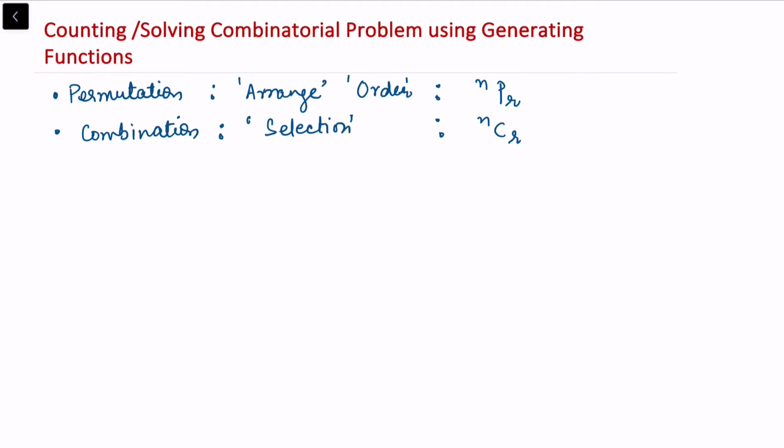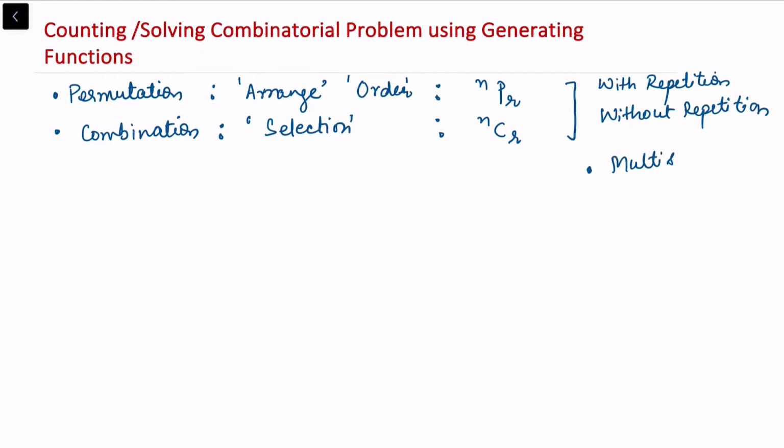Here we have discussed further with repetition and without repetition. All these things I've already discussed in my previous videos, with the link added in the description. In fact, we also used the concept of multisets. When the objects are repeating, we can use a notation such as r1 times a1 and r2 times a2, and so on, up to rk times ak.